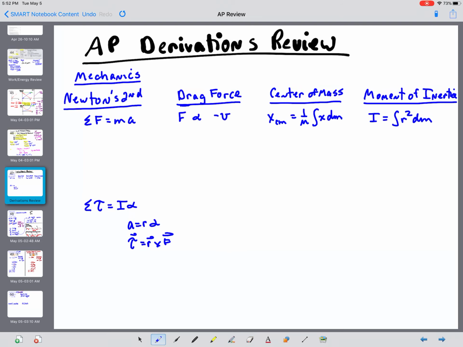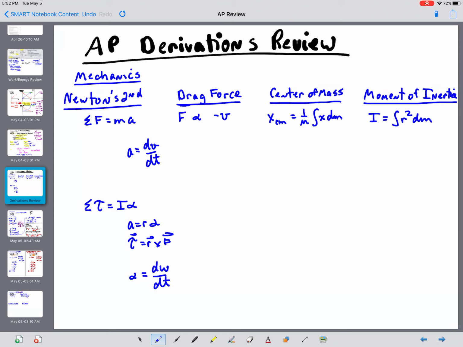With Newton's second law, oftentimes if you're asked to set up a differential equation, Newton's second law is a place you will start, and you will do a substitution of a equals dv dt, or down here on the bottom, alpha is equal to d omega dt.